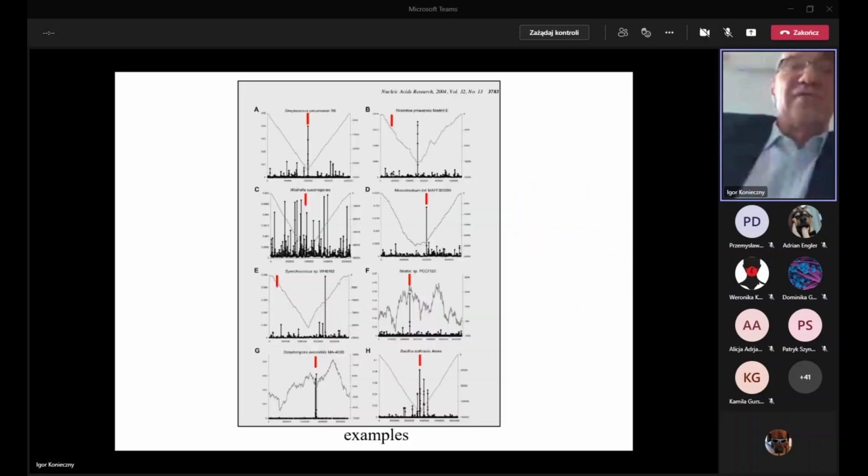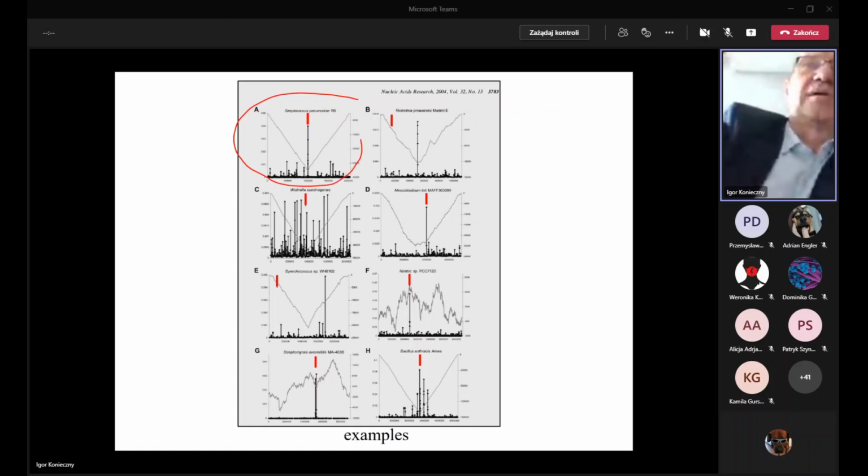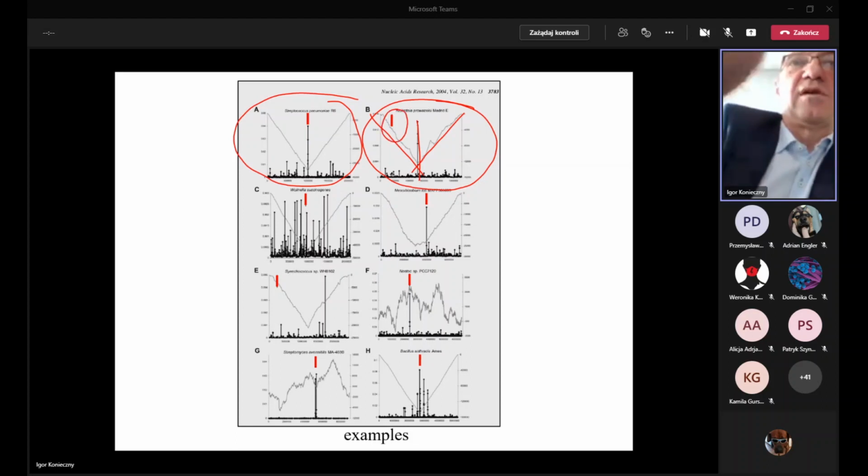But real life is different, and you can see these are pictures from different bacteria. As in here, it is a perfect match, but sometimes not necessarily. In this position you can see that the skew and the DnaA boxes are fine, but the position of the gene encoding the DnaA protein not necessarily.